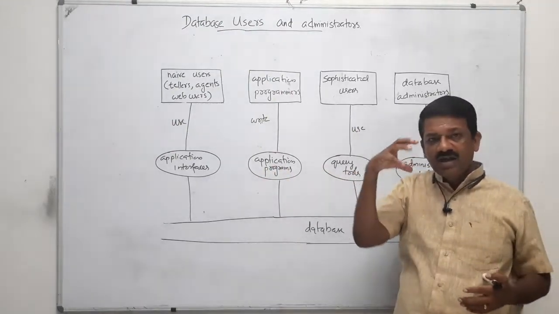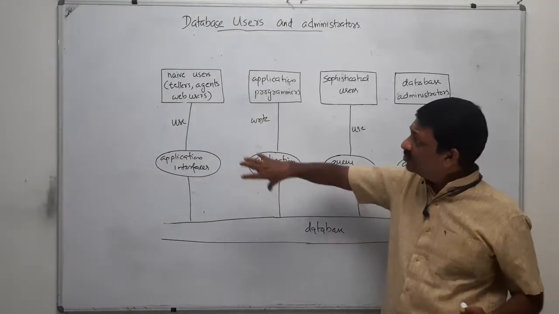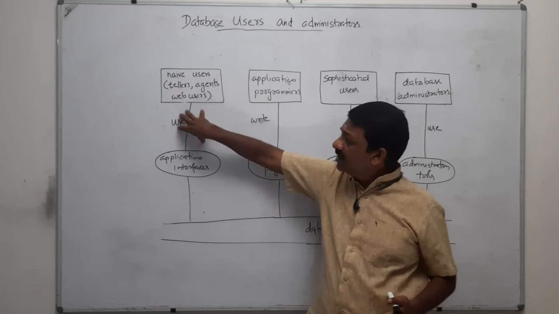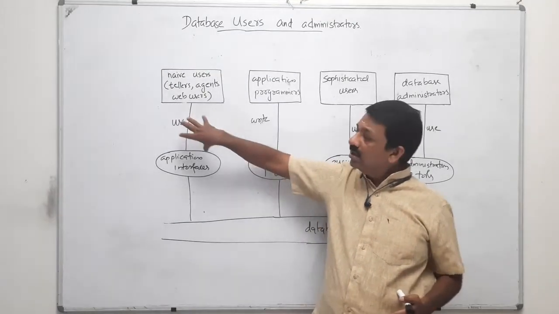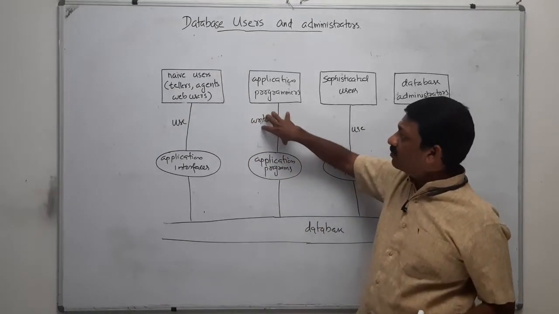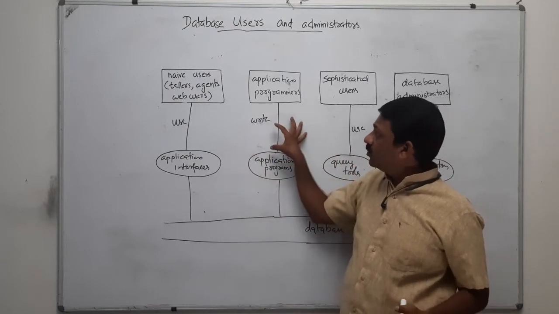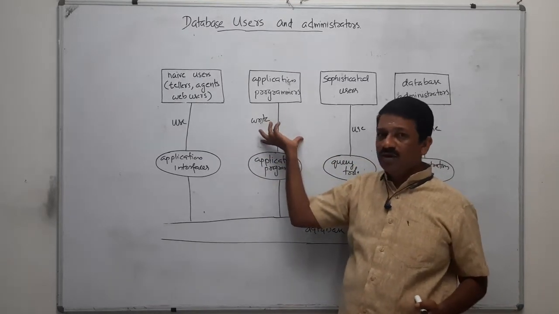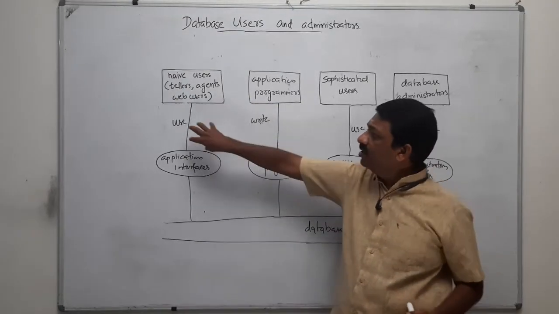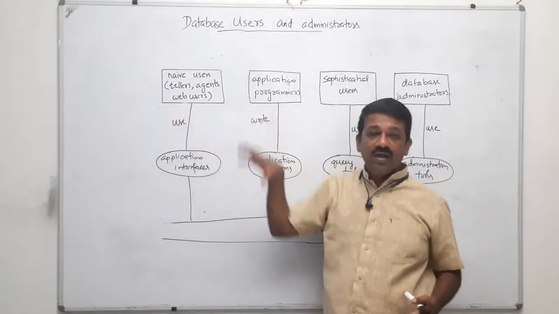Whatever application program the naive users see, the application programmers write code for it, and it is their responsibility to provide a good interface to naive users.